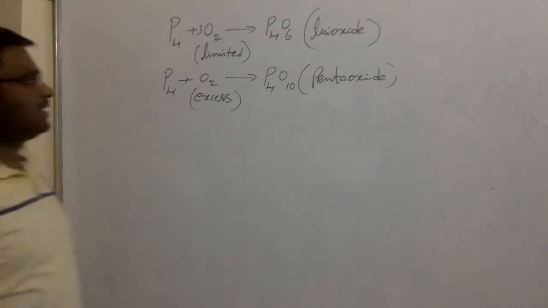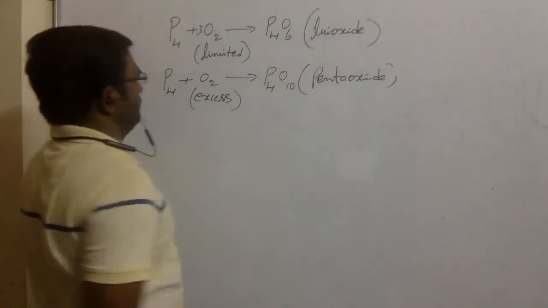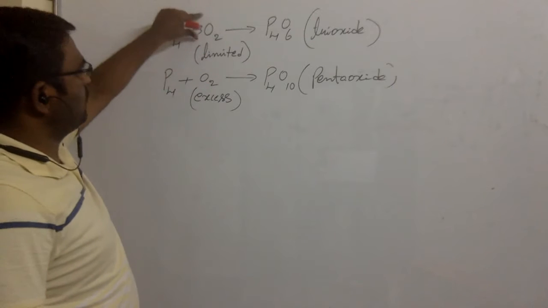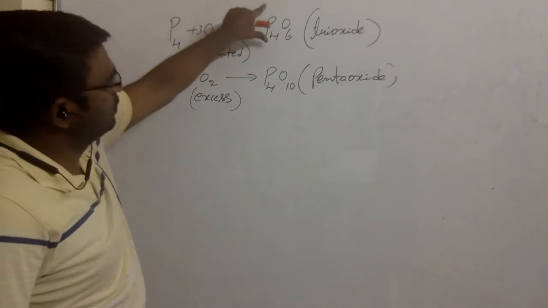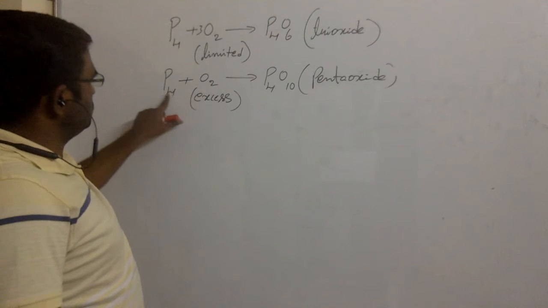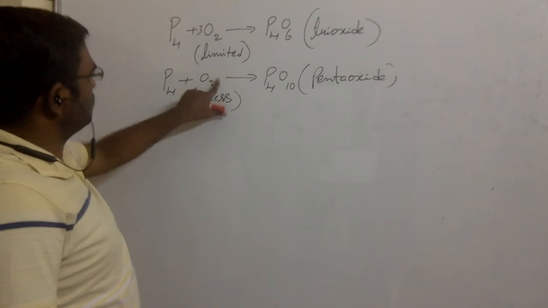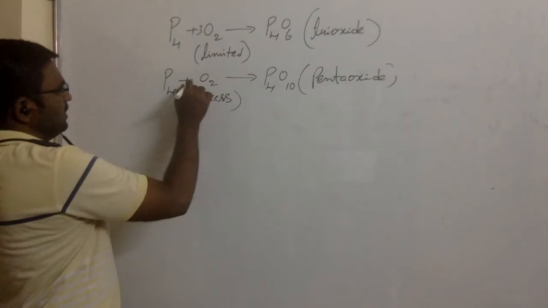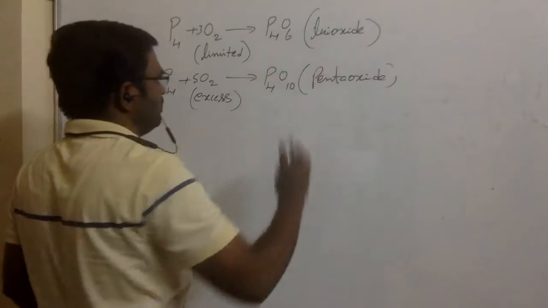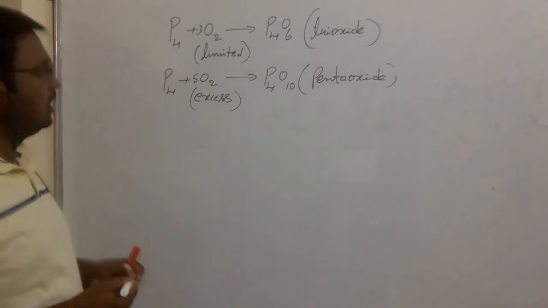If you supply a limited amount of oxygen, it gives trioxide. If you supply an excess amount of oxygen, it gives pentoxide. Okay, students, phosphorus trioxide and pentoxide.